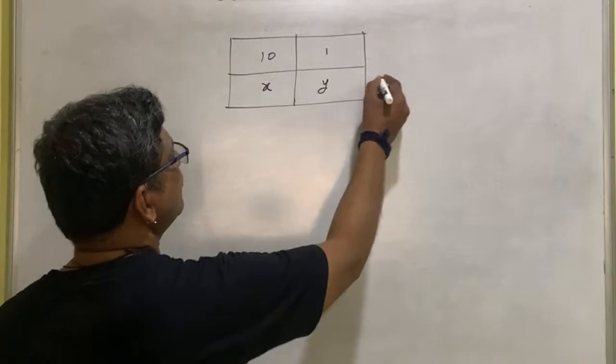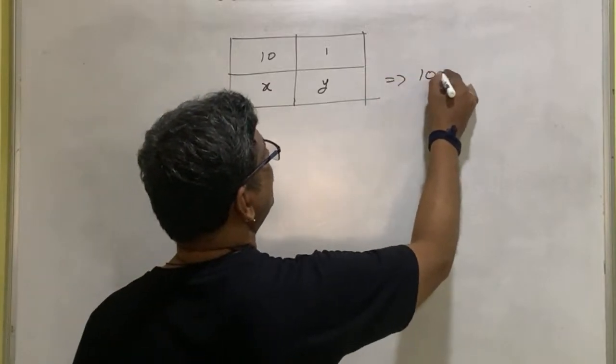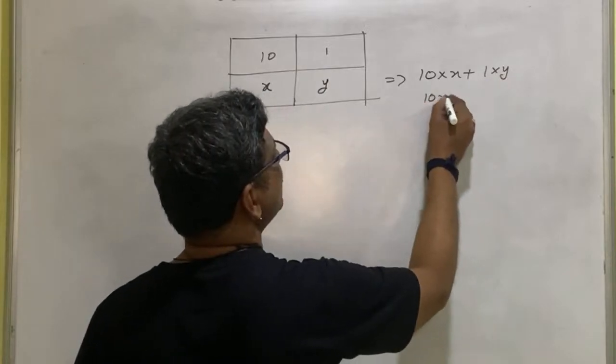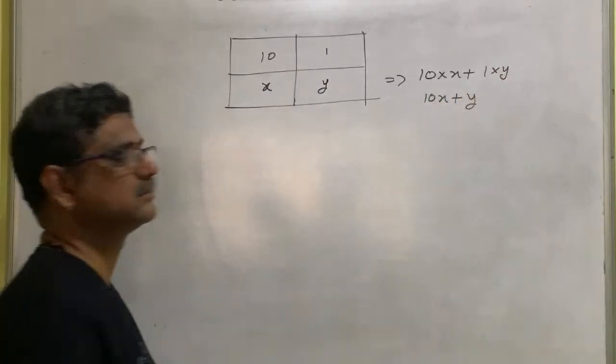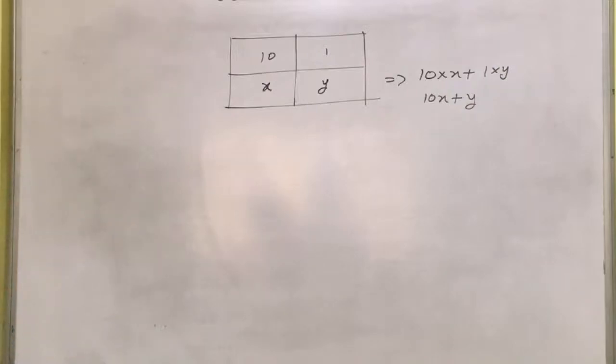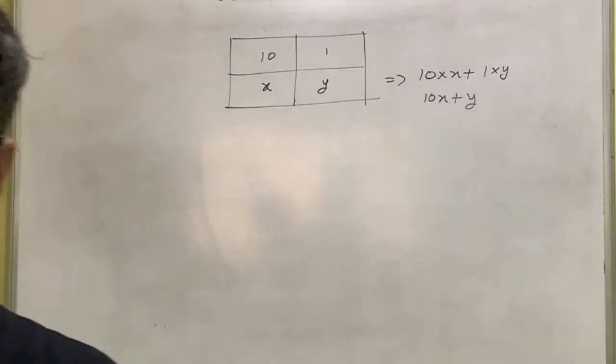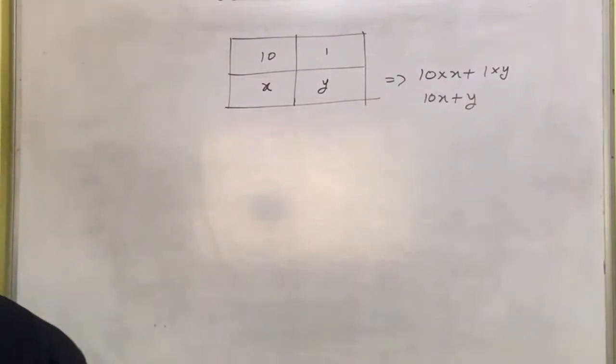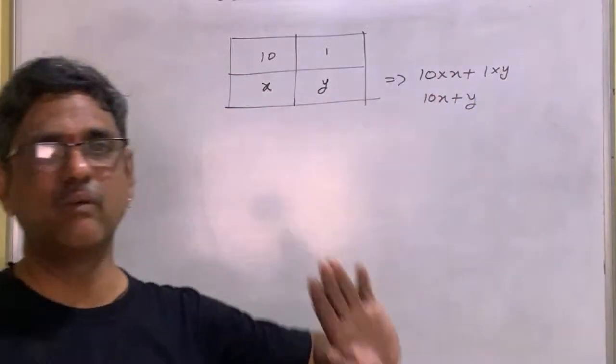Then the 2-digit number will be 10 into x plus 1 into y, which is 10x plus y. That is the 2-digit number. Okay, na? Now we have the 2-digit number in our hands. What is that? 10x plus y.